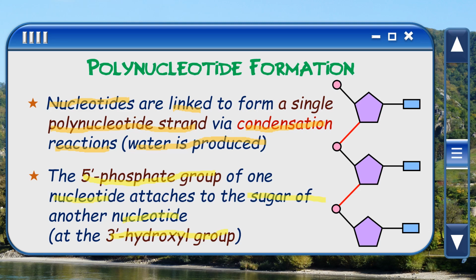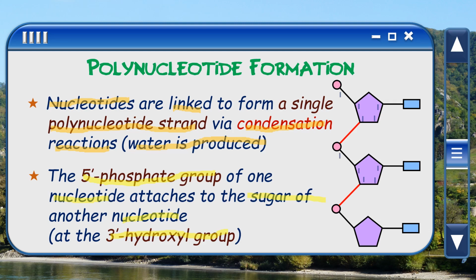So before we go to the 5-phosphate group, let us first see on our nucleotide. This is carbon atom 1, carbon atom 2, carbon atom 3, carbon atom 4, and carbon atom 5 is here. Carbon atom 1, 2, 3, 4, and 5.